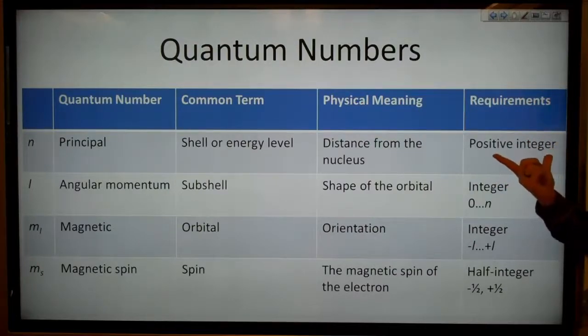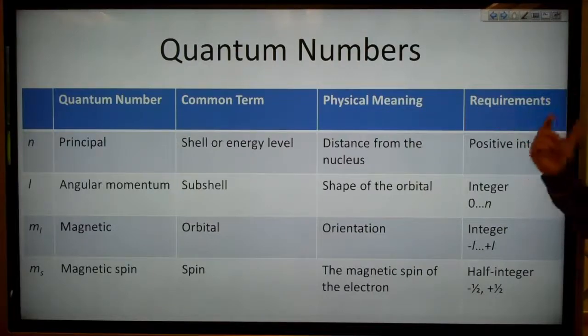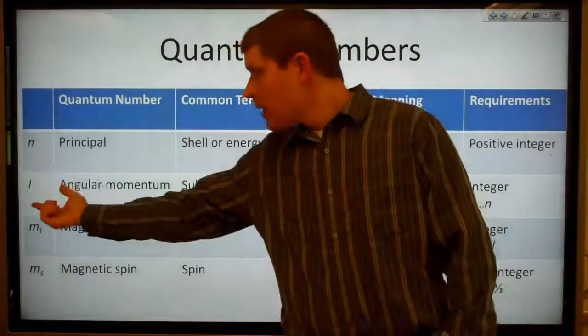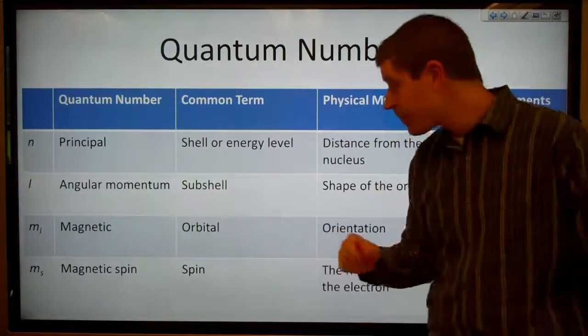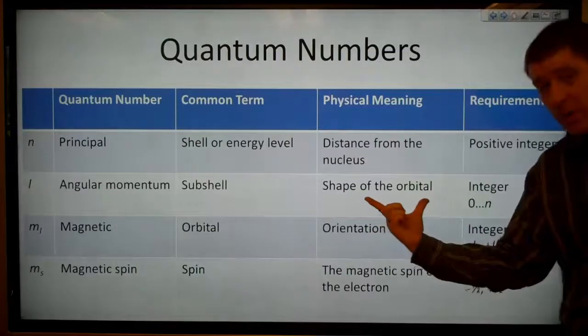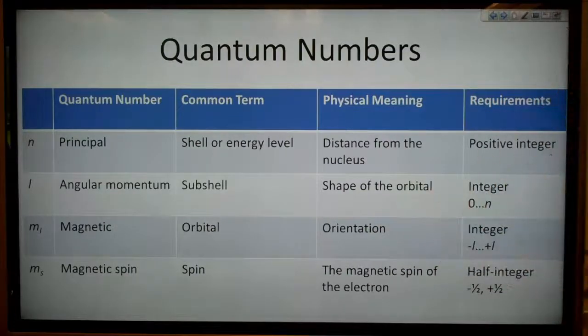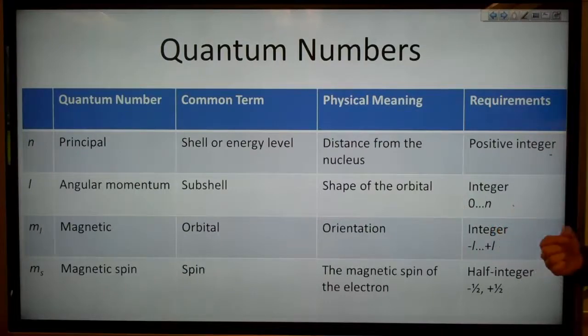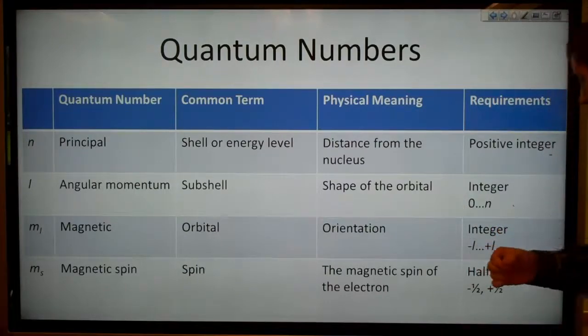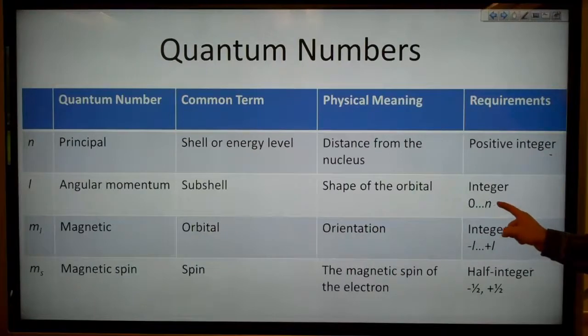The requirement is that n has to be a positive integer, so it has to be 1 or greater, up to infinity. L is our angular momentum. That tells us the subshell, so the s, p, d, or f. That tells us the shape of the orbital, but not which direction it's facing. That has to be an integer value between 0 and n minus 1.